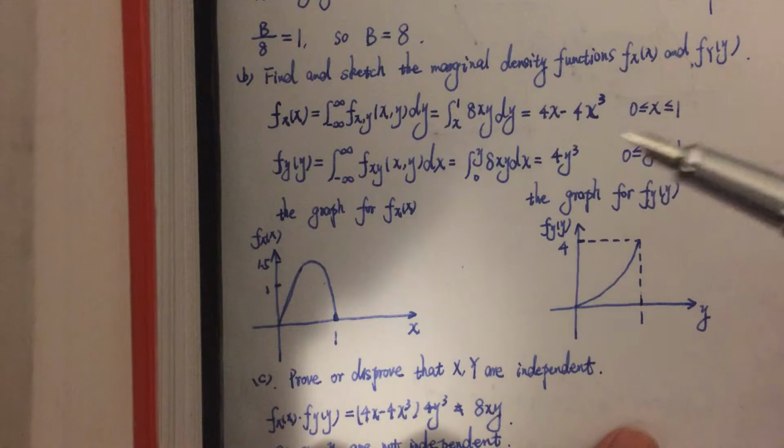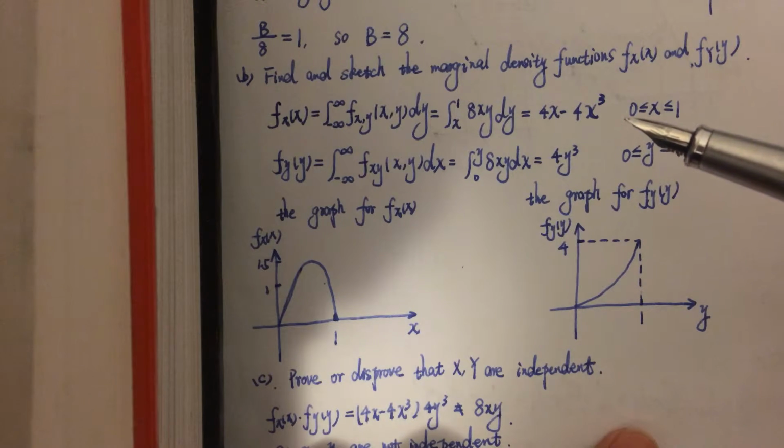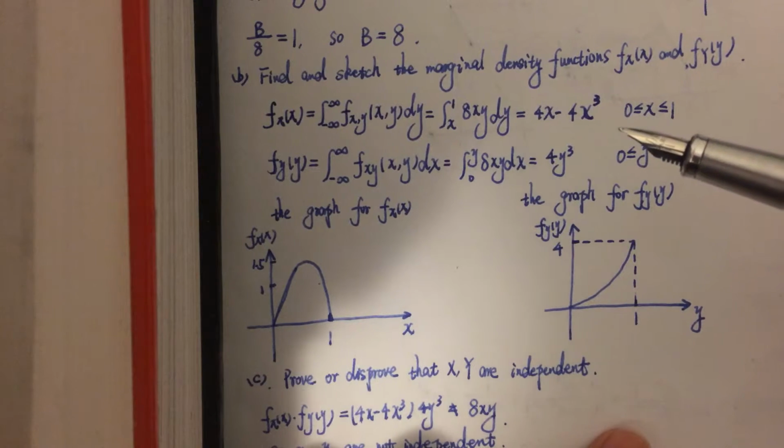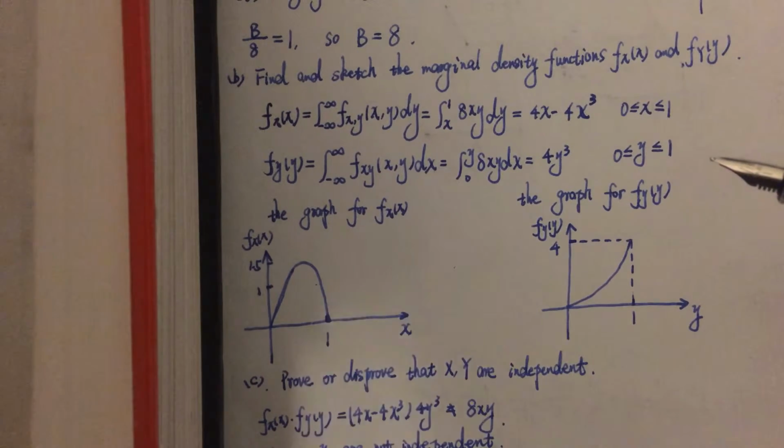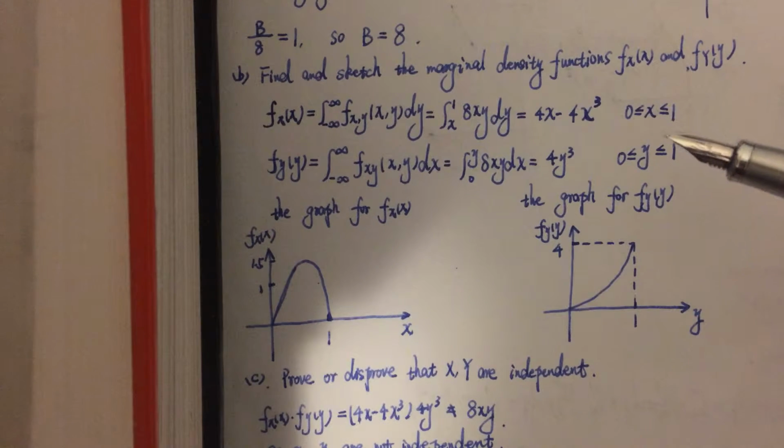The result is 4x minus 4x cubed, and the value of x is larger than 0 and less than 1.